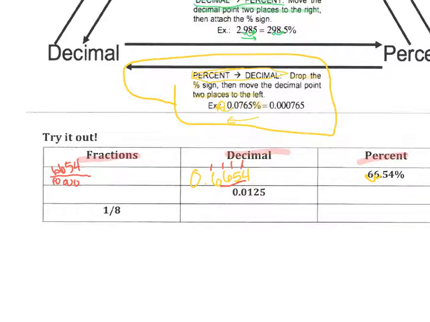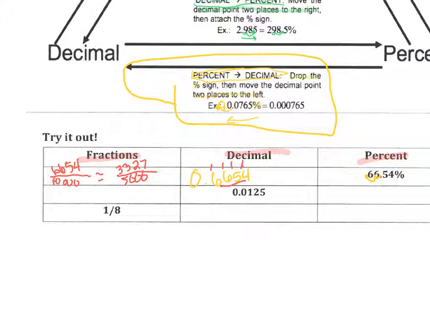But I also know that they're both even numbers, so they're divisible by 2. So I know half of 10,000 is 5,000, and half of 6654 is 3,327. Okay, so now that's my simplified fraction.